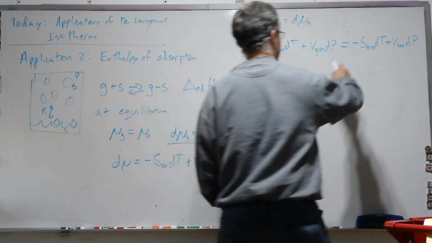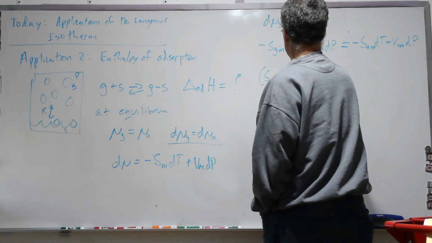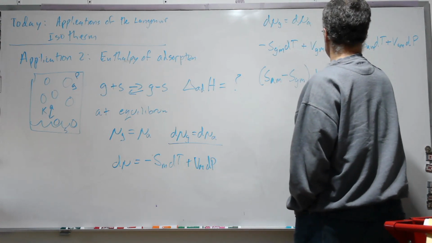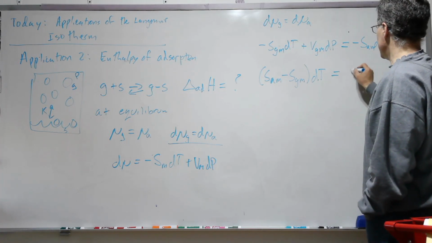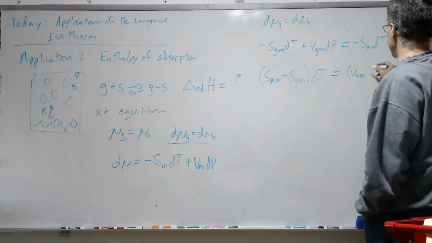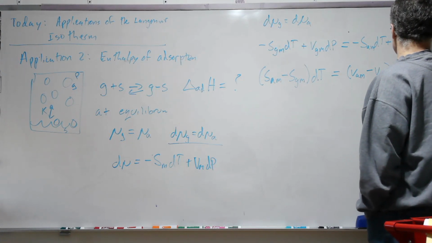Now I'm going to get my S's over to one side. So I'm going to have S A molar minus S G molar dT, and get my V's over to the other side. It's going to be V A molar minus V G molar dP.